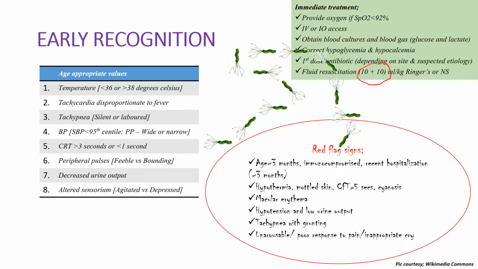This is 10 plus 10 ml per kg of Ringer lactate or normal saline. Earlier it was said that we could go up to 60 and sometimes even up to 80 ml per kg of fluid, but now the fluid administration has become very judicious and restricted. They say that 10 ml per kg bolus along with 10 ml per kg bolus as a second bolus.